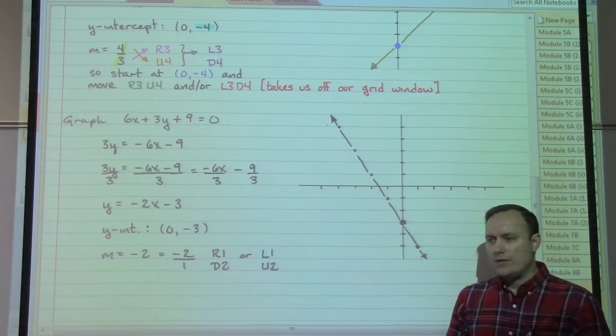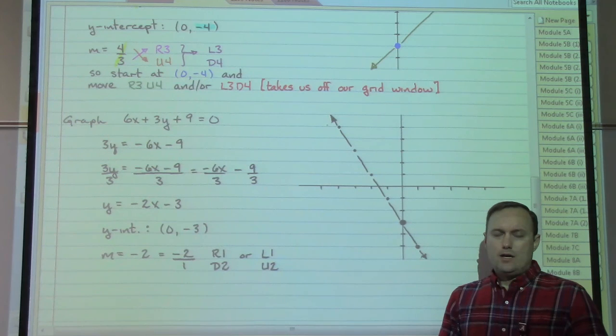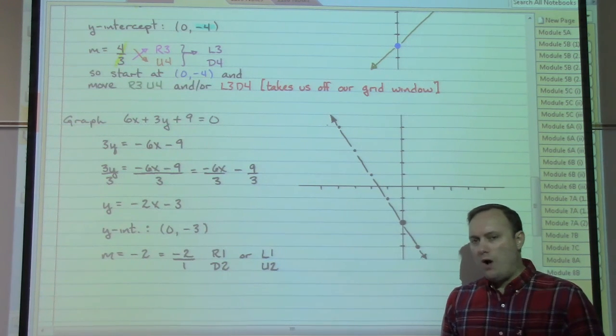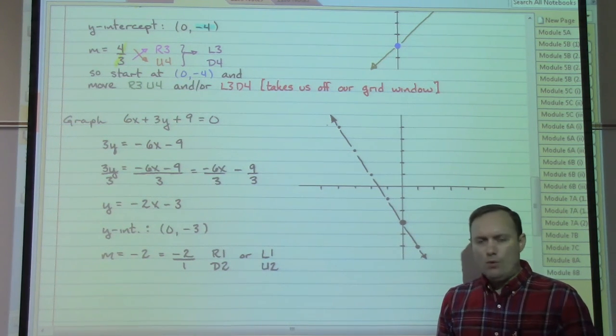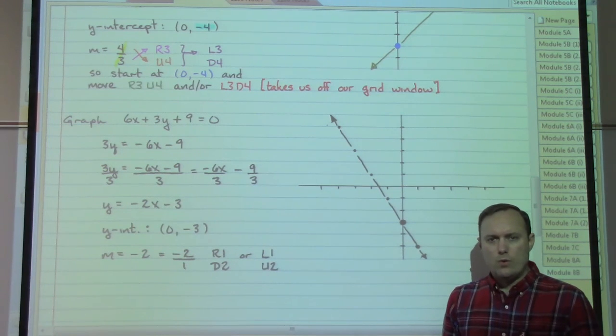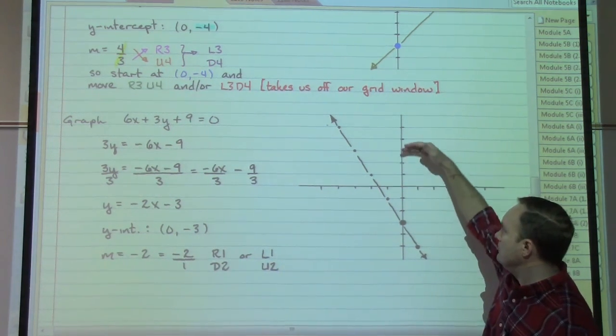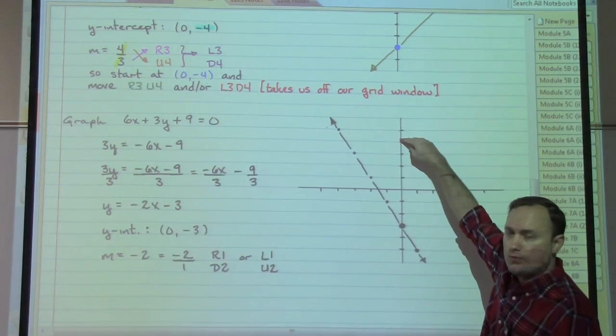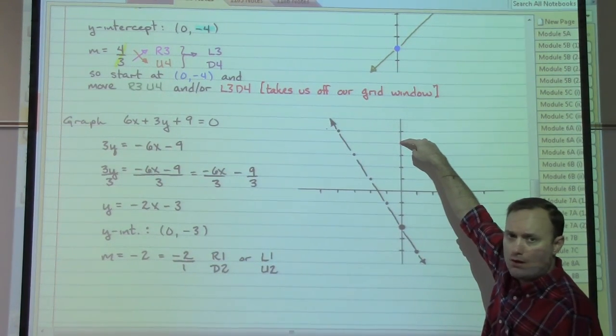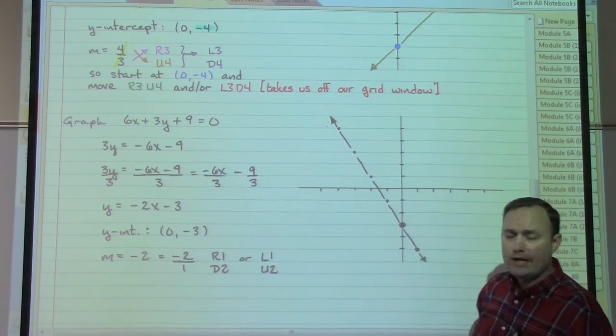So if they told us that we needed to draw the line for the equation y equals 4, well, y equals 4 corresponds to a horizontal line. Y equals 4 is right here. I would draw in a horizontal line, and I'd be done.